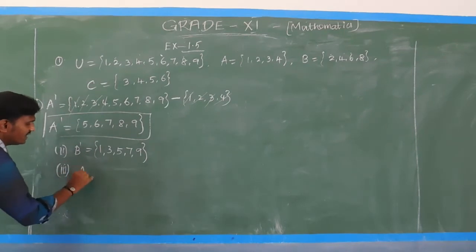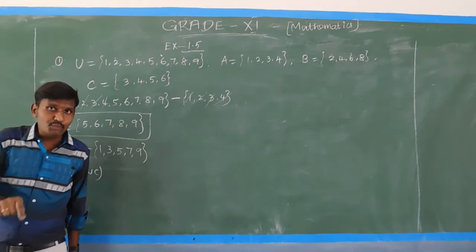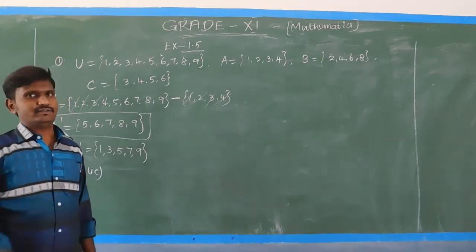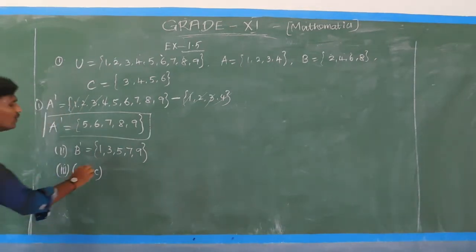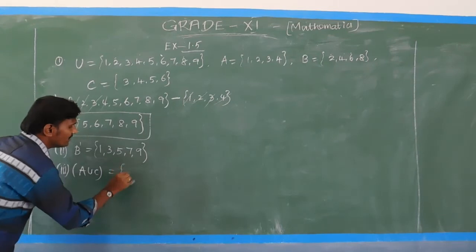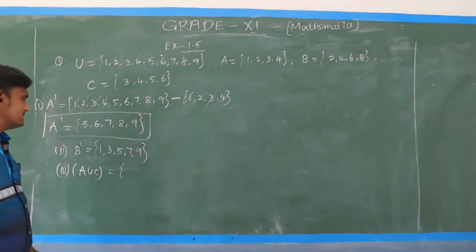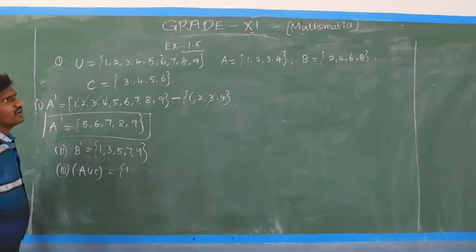Then the third question is asking for (A union C) the whole dash. For that, first I want to find A union C, as per the BODMAS rule. First we simplify in the brackets. What is the union? I want to join the elements of A and C. The elements of A are 1, 2, 3, 4 and C is 3, 4, 5, 6.